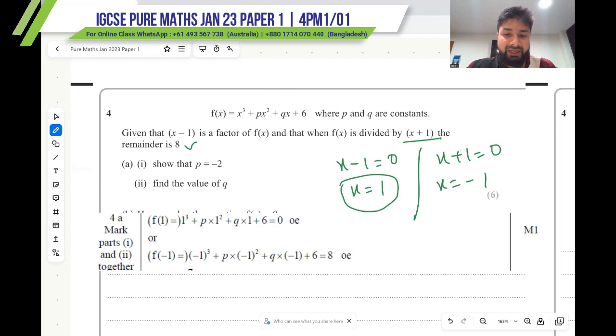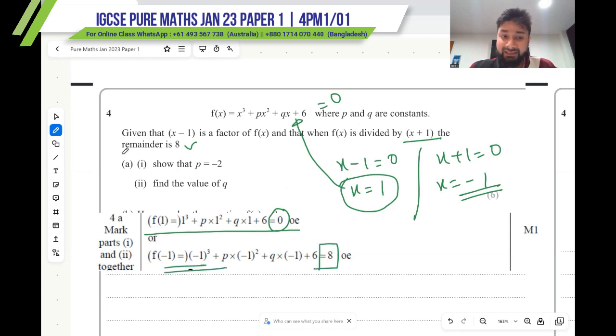So when we substitute x as 1 in this equation, we get a remainder of 0. As you can see in the mark scheme, when we substitute the value of x as 1, we get a remainder of 0. Same way, when we substitute x as minus 1 in this equation, you can see we get the remainder as 8, as stated in the question.